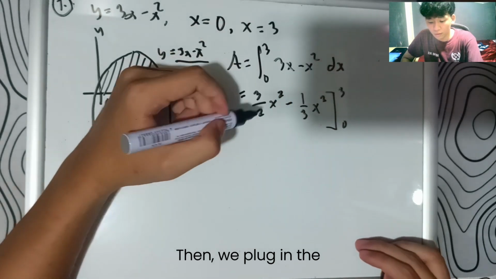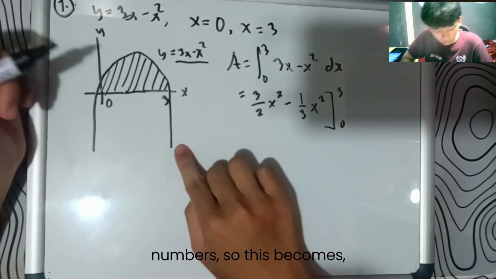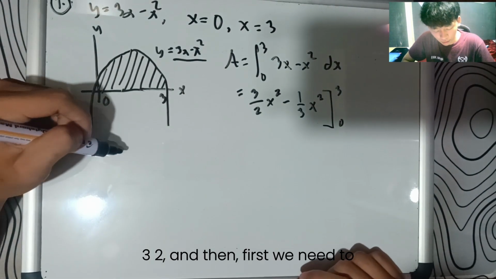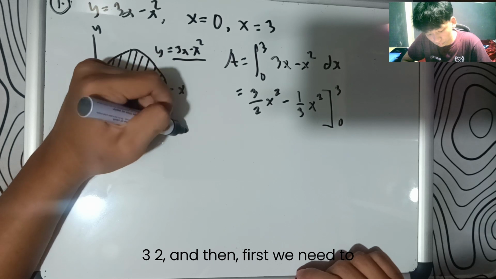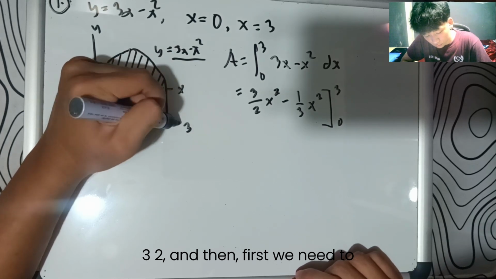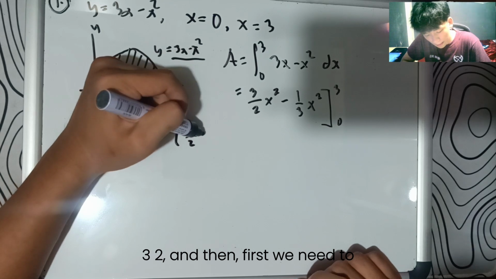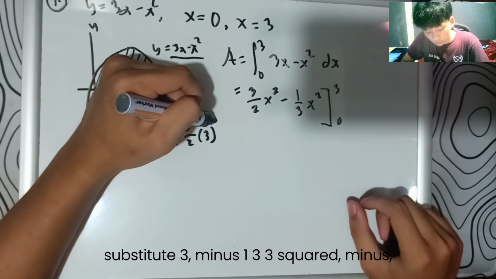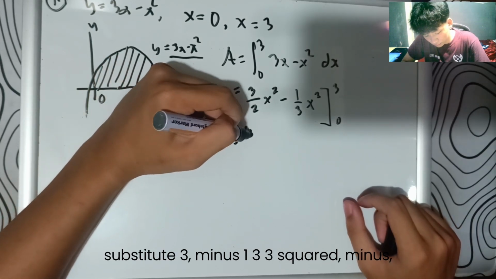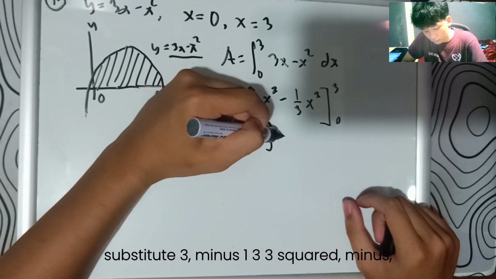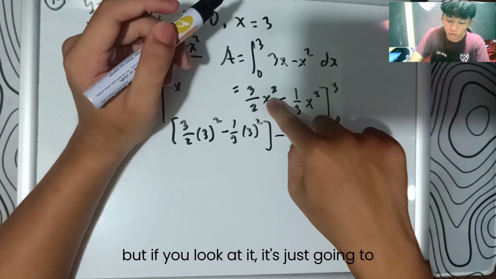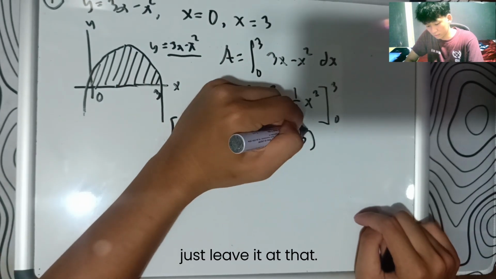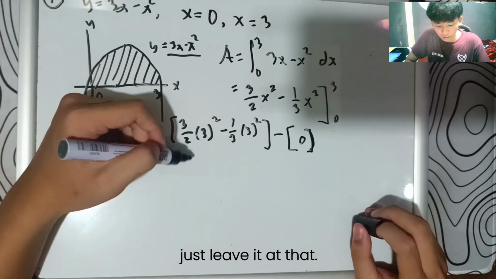Then we plug in the numbers. First we substitute 3: 3/2 times 3 squared minus 1/3 times 3 cubed. Then we substitute 0, but if we look at it, it's just going to equal 0, so let's just leave it at that.